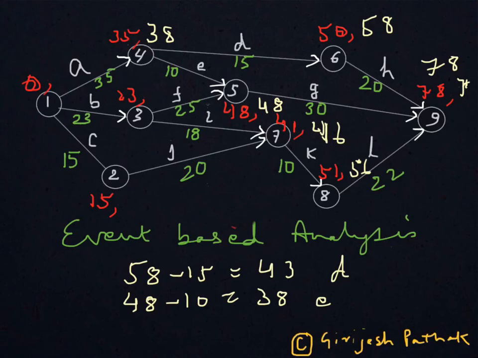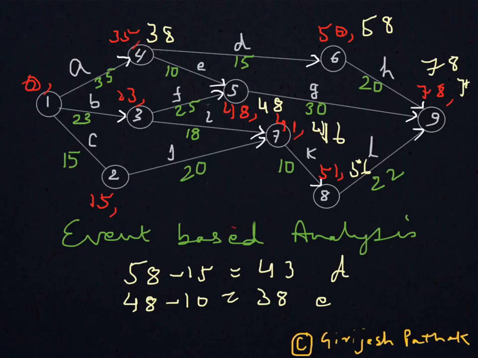Now if you recall, for earliest time calculation we were checking how many arrows are ending at that node, and from all the sides, that is, for 5 you will be computing from E and F both the sides, and that is the forward calculation, that is you are adding activity time to earliest time of the previous node, and for earliest time calculation you are taking the highest value.